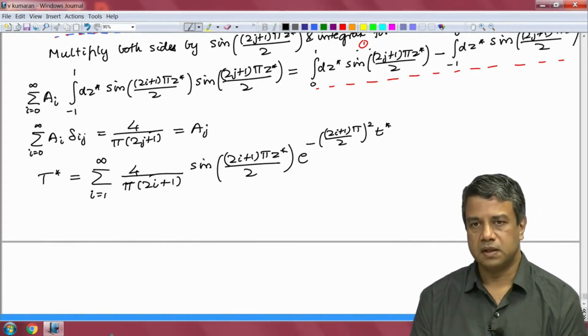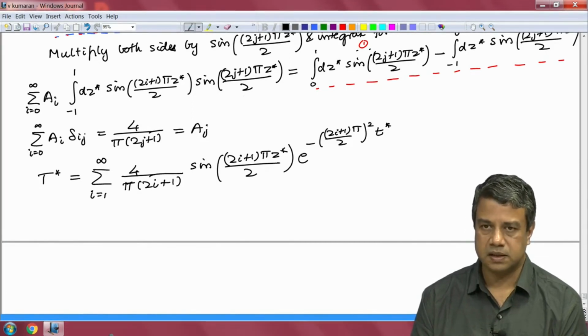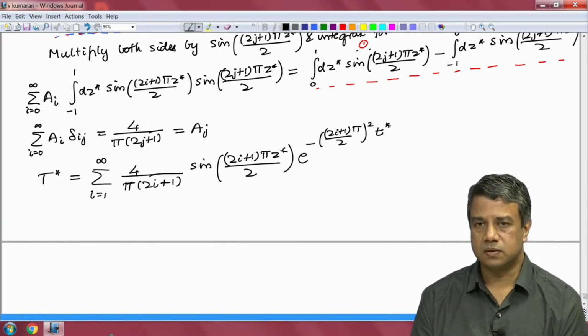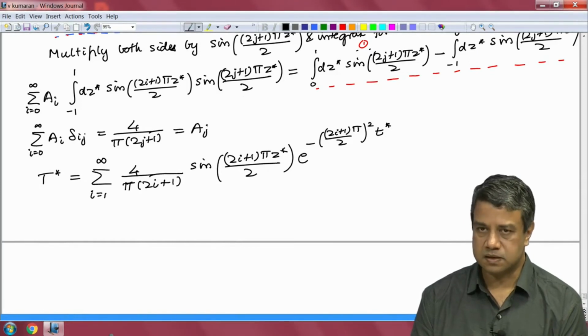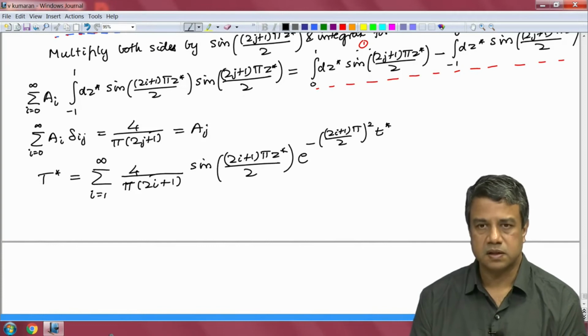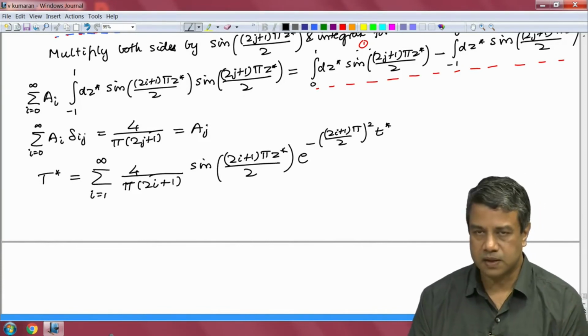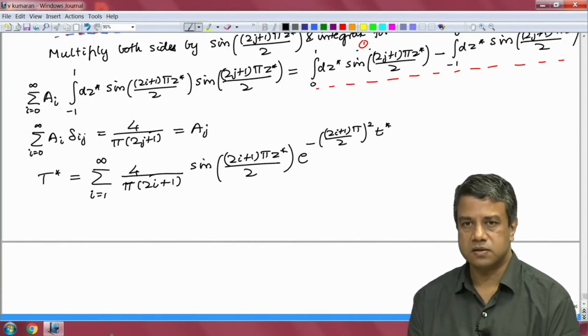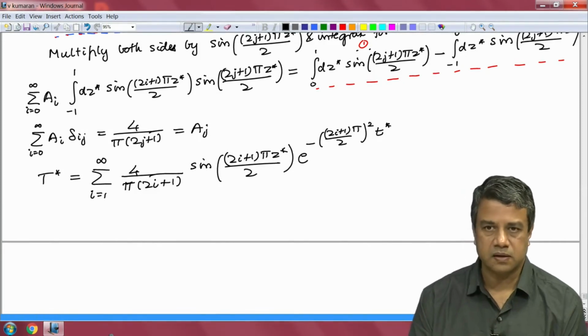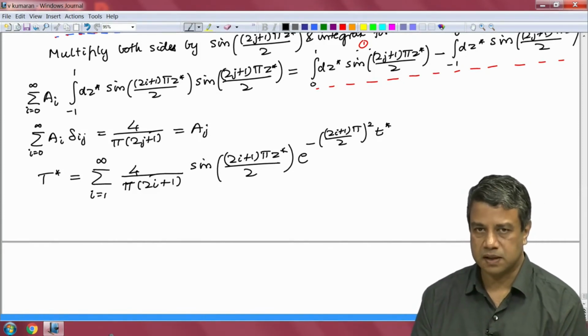If you retain 3 terms, you can go down to 0.03. However, at 0.01, 3 terms is not sufficient. You need to retain a larger number of terms. So, depending upon the time from which you want an accurate solution, you can use an adequate number of terms in the series, so that you get a numerically accurate solution at that particular time.